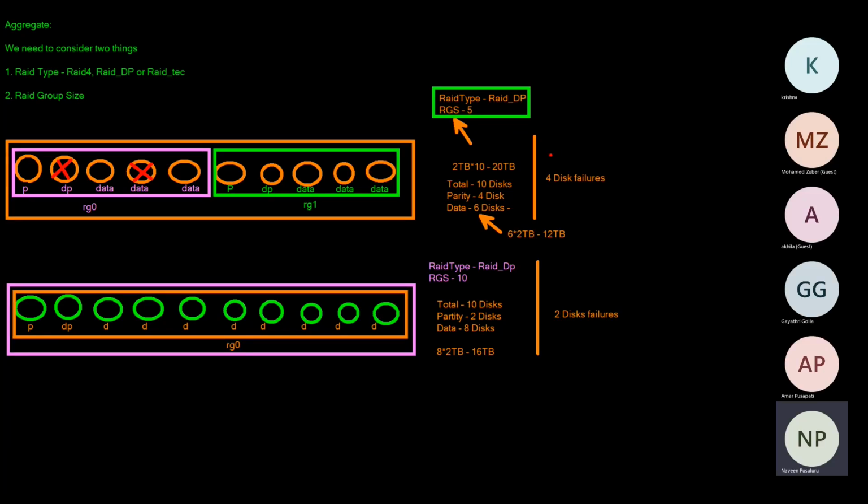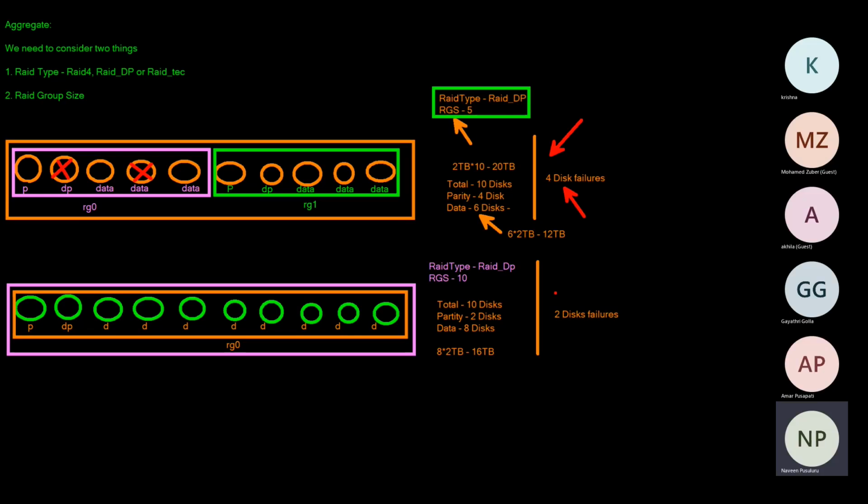Generally, if you are going in this path, you are wasting a lot of space, but I'm getting greater protection, right? It can afford 4 disk failures. So my data is much safer, right? But I'm losing a lot of space, and it will cost me because I'm wasting a lot of space. It costs me extra money.